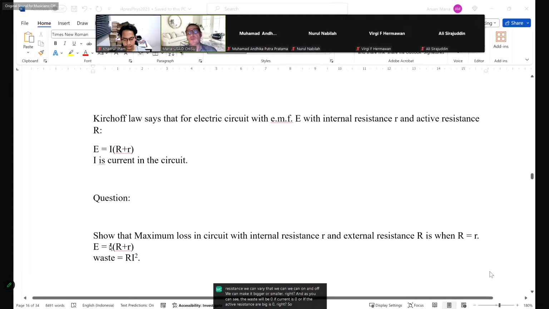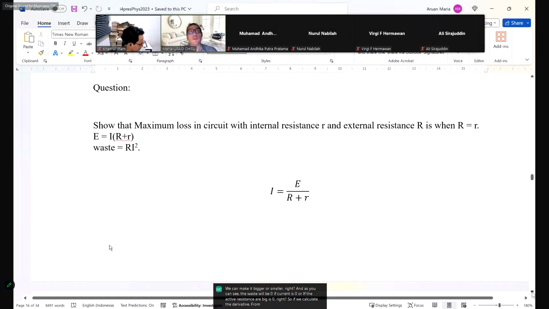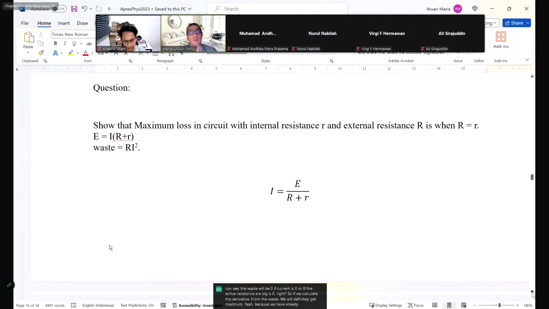So if we calculate the derivative from the waste, we will definitely get maximum, because we have already proved that minimum will be for R big equals 0 or for current I equals 0, right?